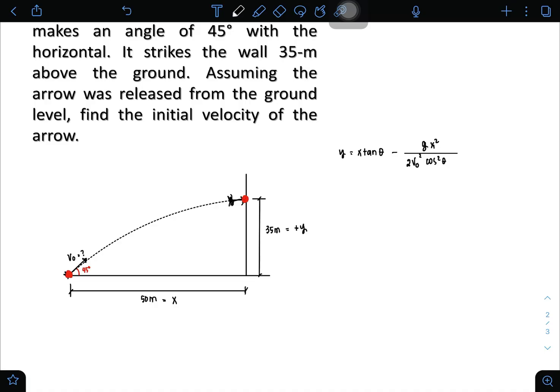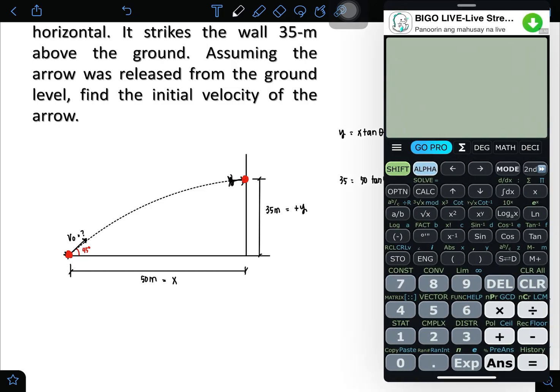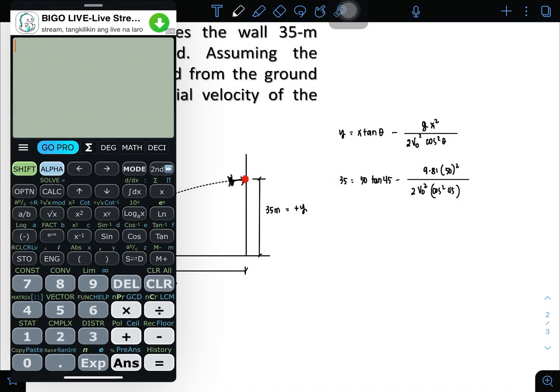So we can have y as positive 35, then x as 50, tangent of 45, minus 9.81 times 50 squared divided by 2 times the square of the initial velocity, times cosine squared of the 45-degree angle.